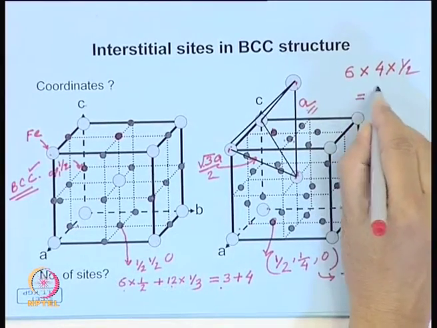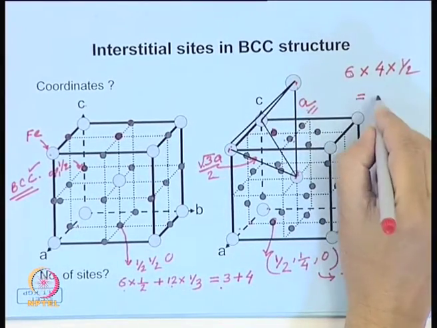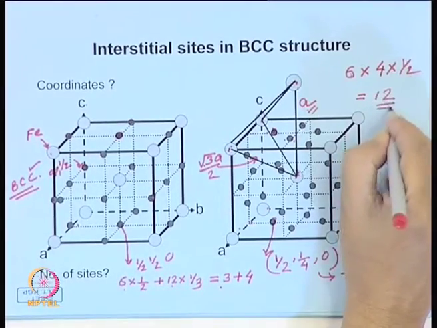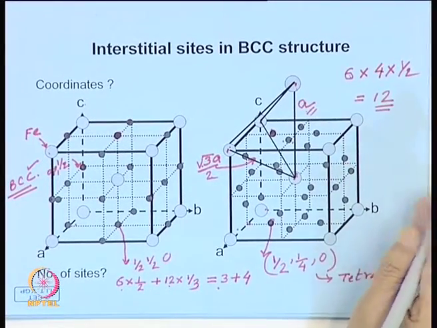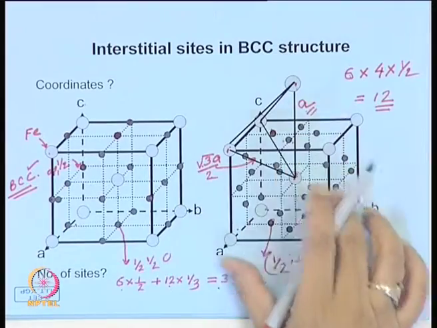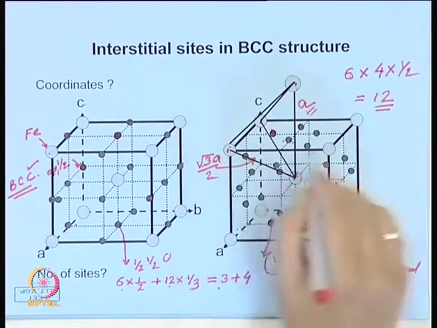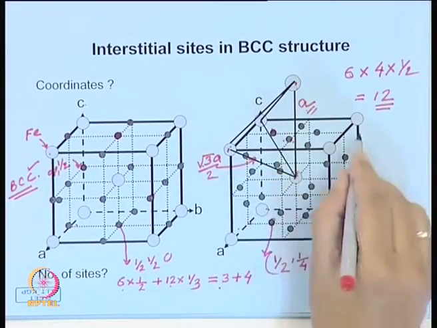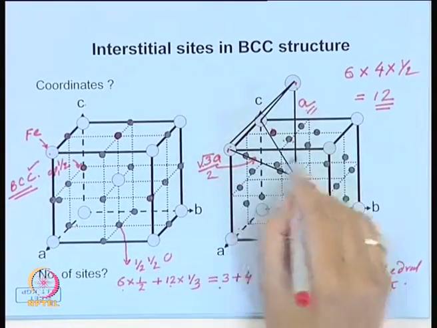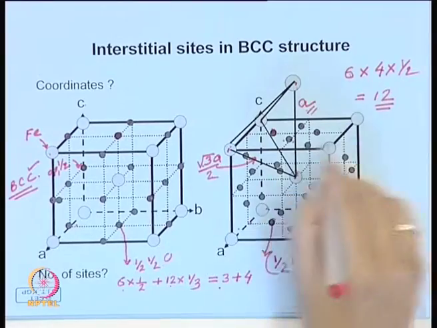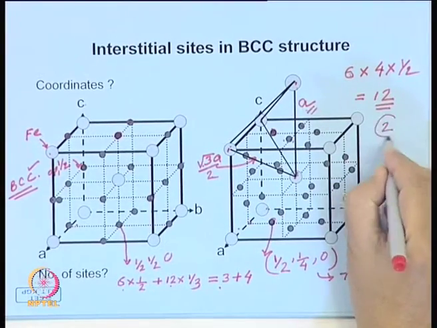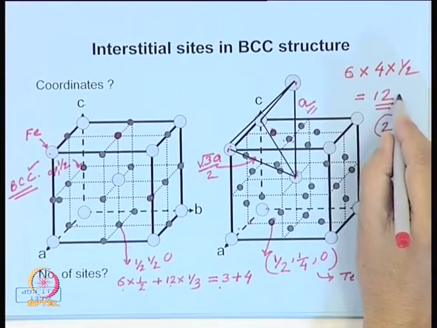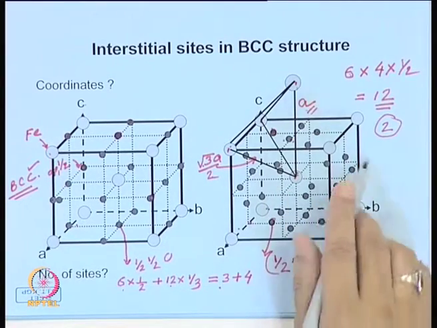So, therefore, this comes out to be 12. So, you have 12 tetrahedral sites in a lattice, whereas the number of iron atoms, or number of atoms in a BCC lattice, is 2. So, the number of interstitial sites per unit cell is much more.